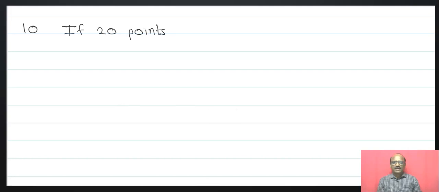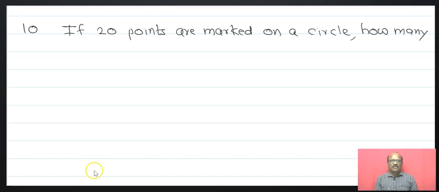If 20 points are marked on a circle, how many chords can be drawn?